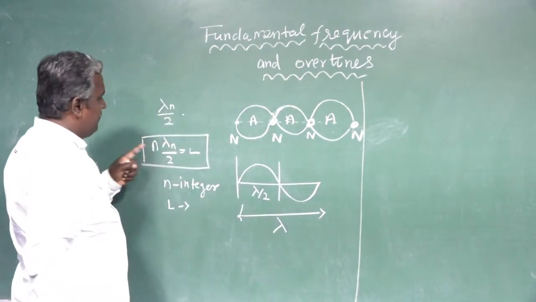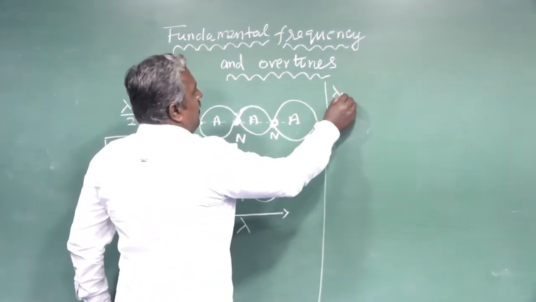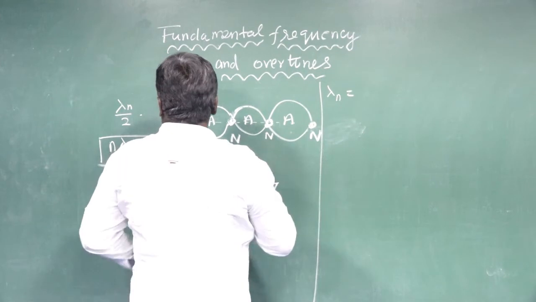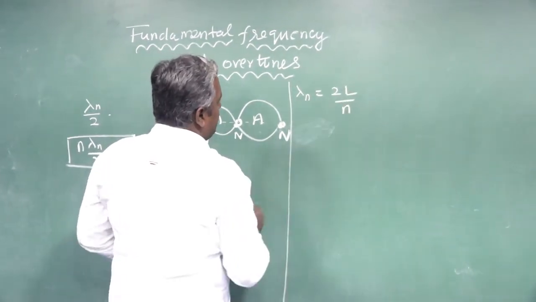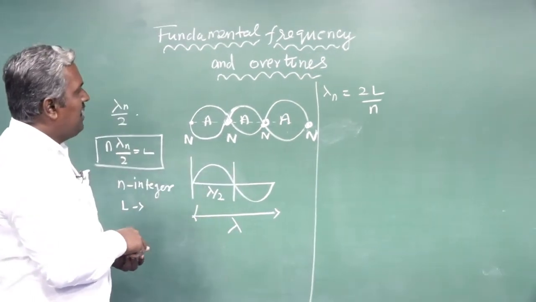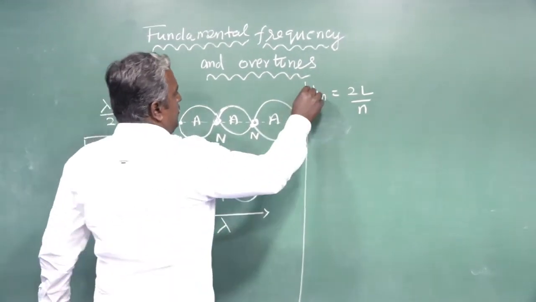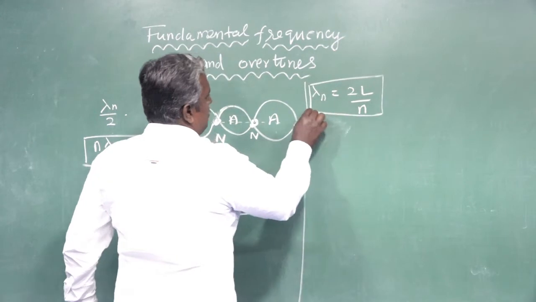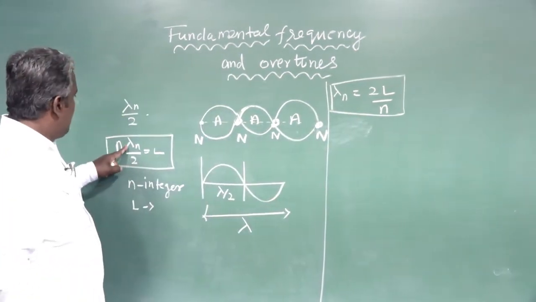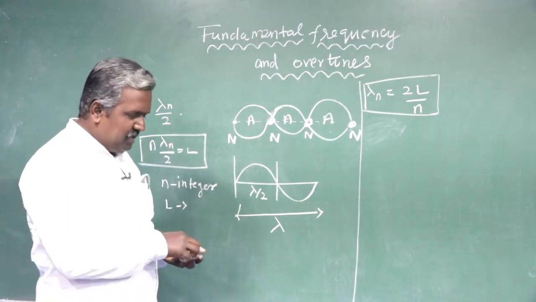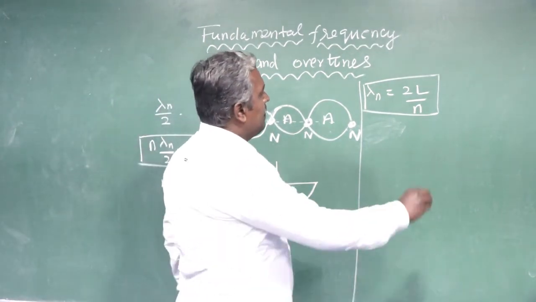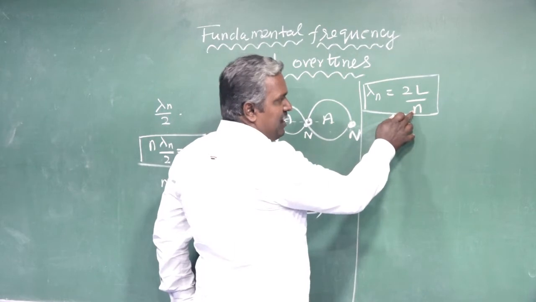So from this formula, lambda n is equal to 2L by n. Clear? Then here, what is meant by n? Integer.